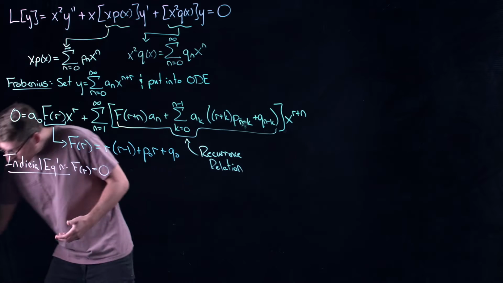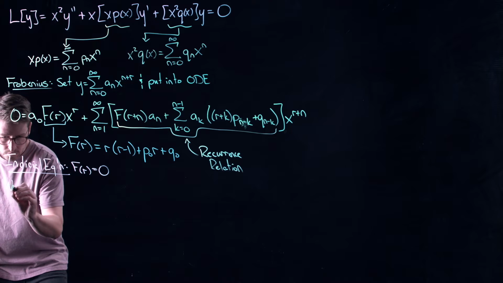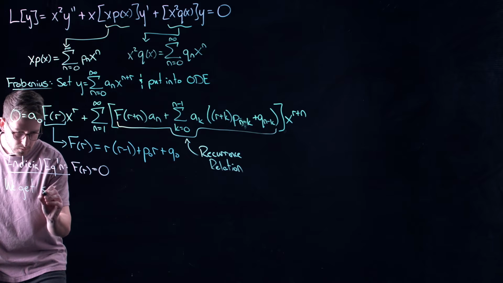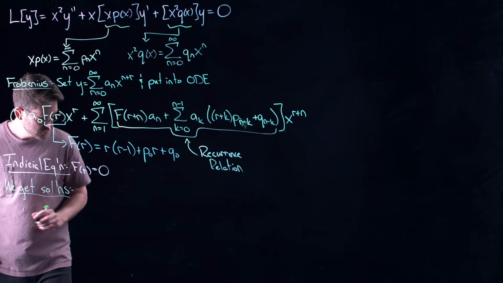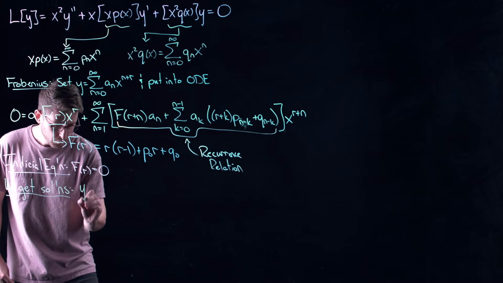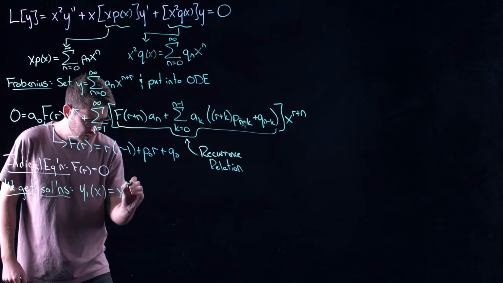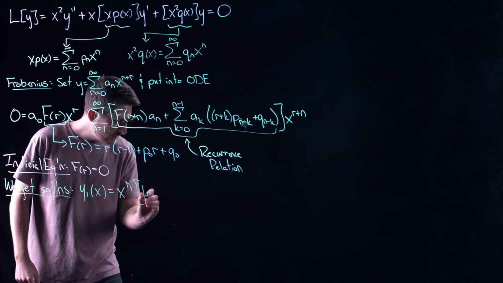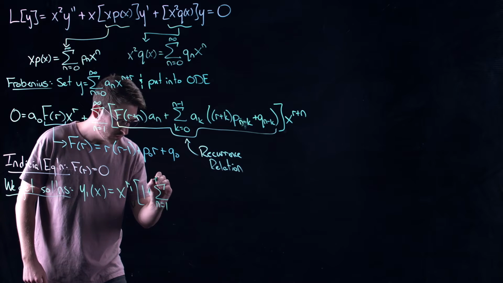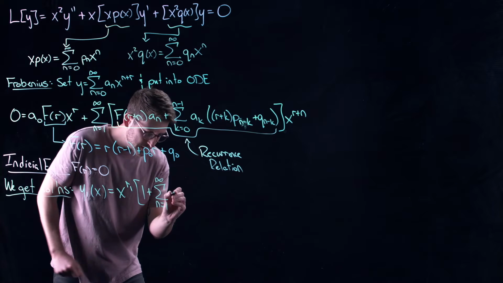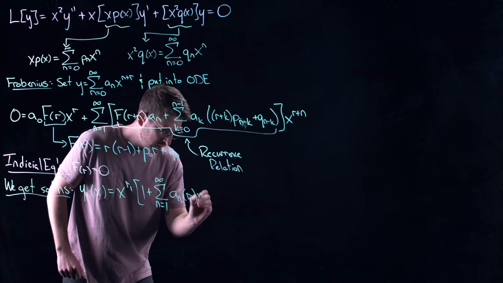But nonetheless, what happens here? Well, let's remember. We get solutions that look like this, right? So y1 of x is equal to x to the r1, times 1 plus the summation from n equal 1 to infinity. Now I'm going to write this as a_n of r1, x to the n.